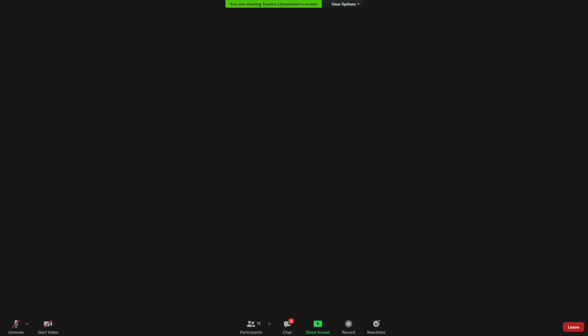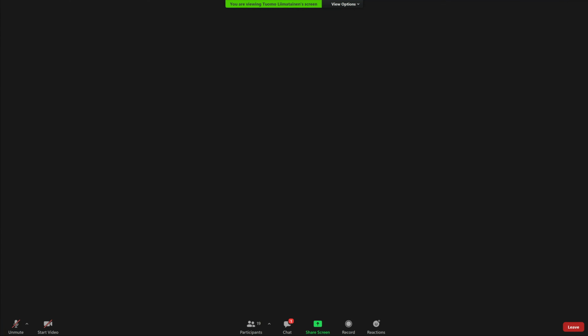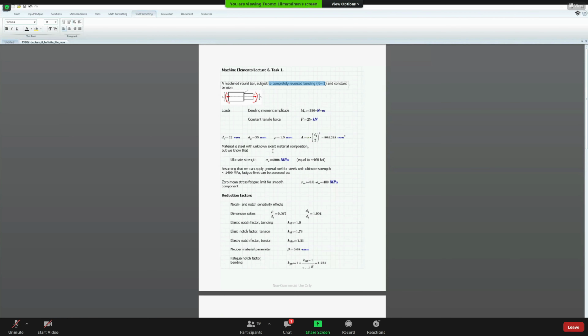Because it's said in the task assignment that it is completely reversed. So basically the situation we have here is as it would be a rotating shaft. But I just already gave you the information that it is completely reversed. Okay, thank you.